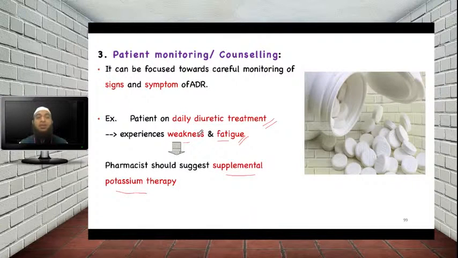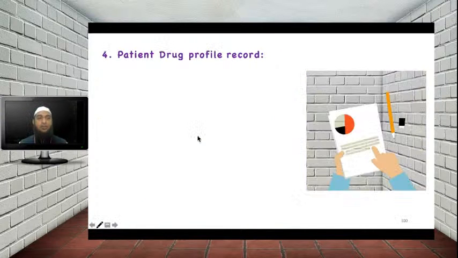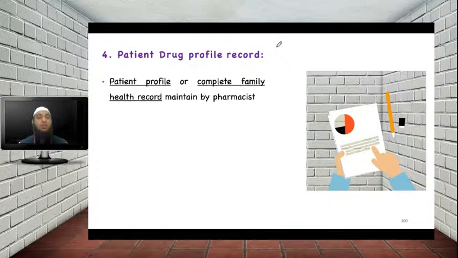So patient monitoring and counseling play a very important role in detection and also prevention of adverse drug reaction. Likewise, you can keep the patient drug profile record. So generally nowadays in the medical shop or in the hospital, softwares are available where you keep the history of the patient, right?